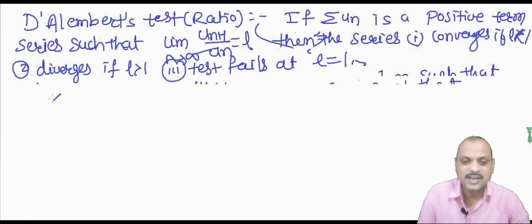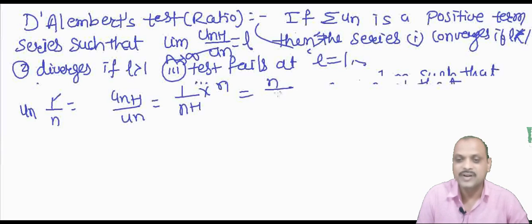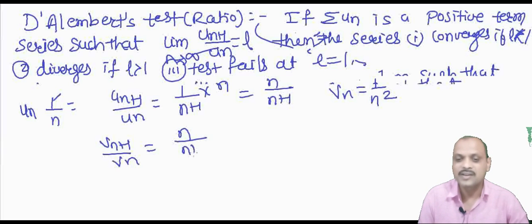Here 1 divided by n is my u_n, then u_(n+1) divided by u_n is equal to n divided by n plus 1. If v_n is equal to 1 divided by n square, then v_(n+1) divided by v_n is equal to n divided by n plus 1 whole square.